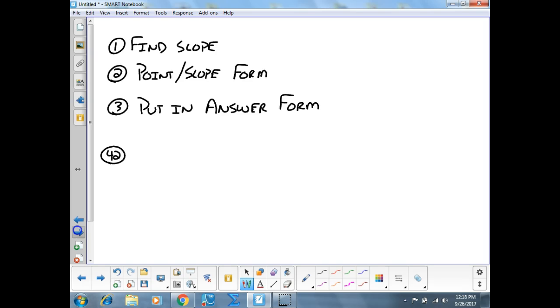M equals -3/2, passes through 4, -7. Okay. So my slope is -3/2, and it goes through the point 4, -7. Right? Okay. Step number 1. Do I know what the slope of my line is? Yes, it's -3/2. It's given to me in the problem. Done. Step number 2. Use the point slope form.